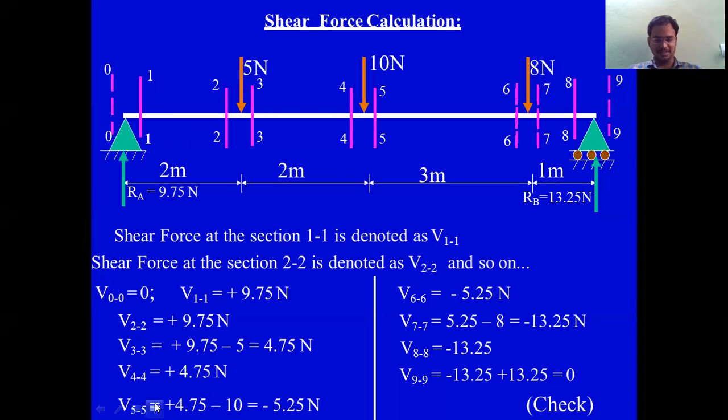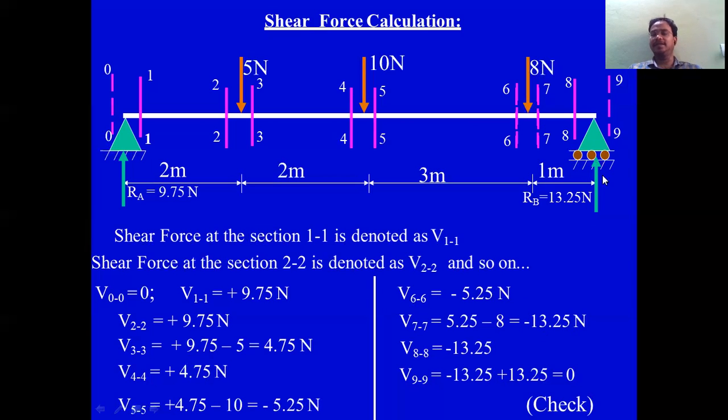So directly he is taking 4.75, the magnitude here is 4.75, and here it is upward. So upward minus 10 is minus 5.25. So at section 5-5 it is minus 5.25 only. Now at 7-7 it is minus 5.25, minus of 8, it is minus 13.25.